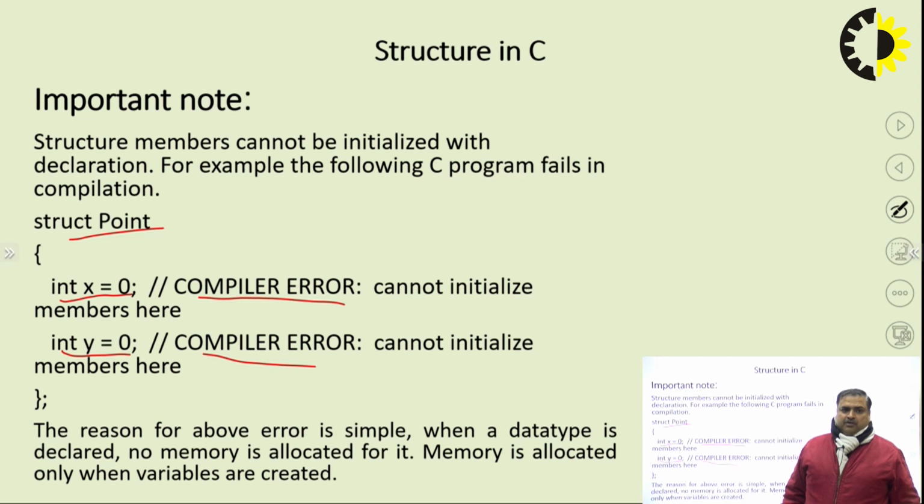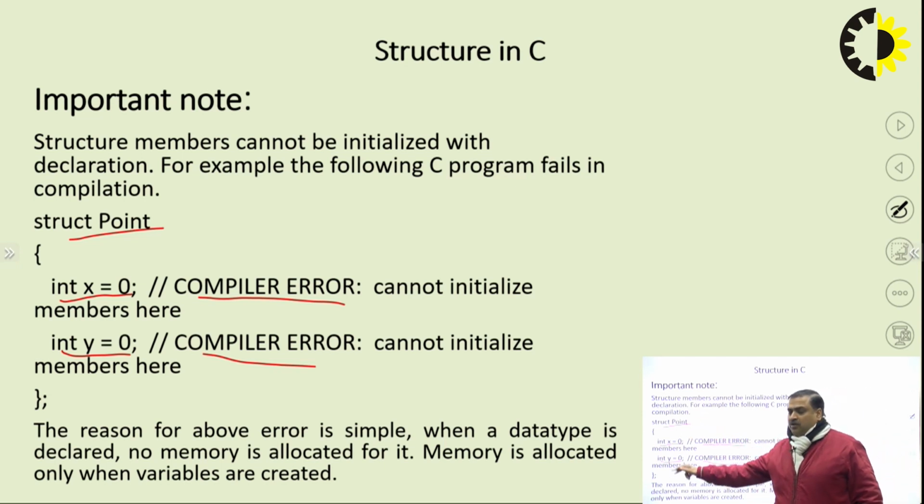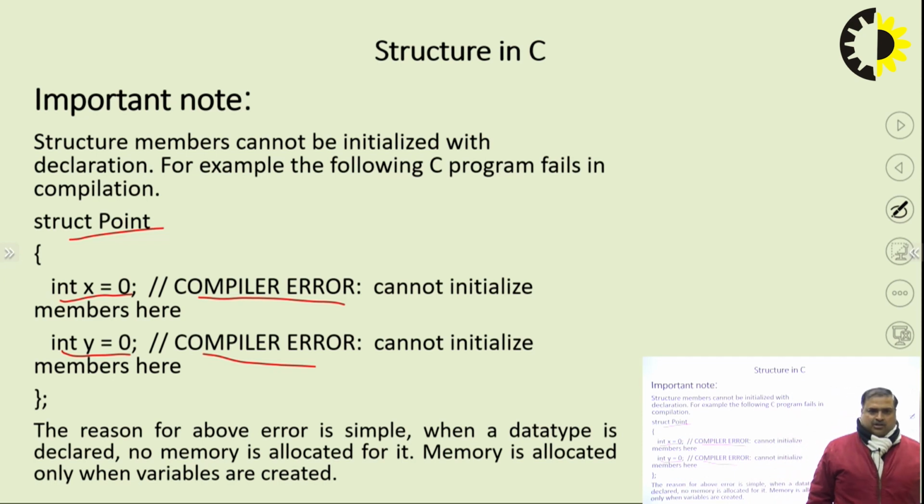The reason is simple: here is only the declaration of the structure. Structure declaration is only giving a template. Template means nothing concrete has been created, only a model or blueprint has been given of what kind of variable it will create.